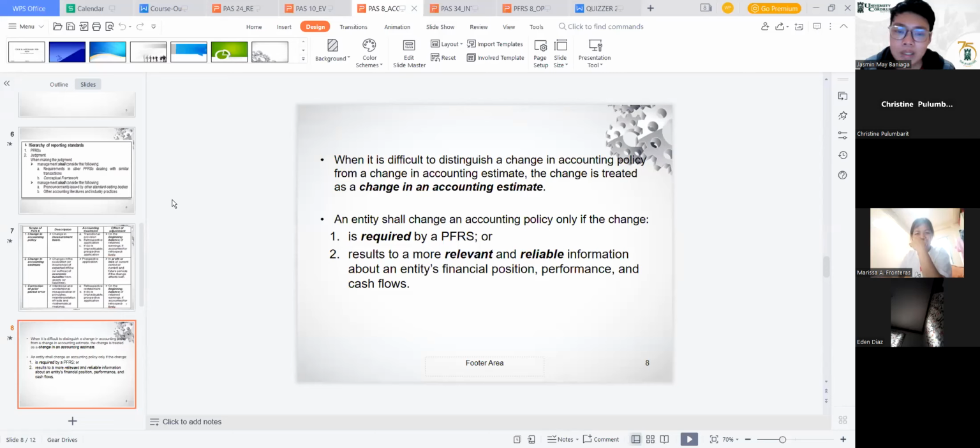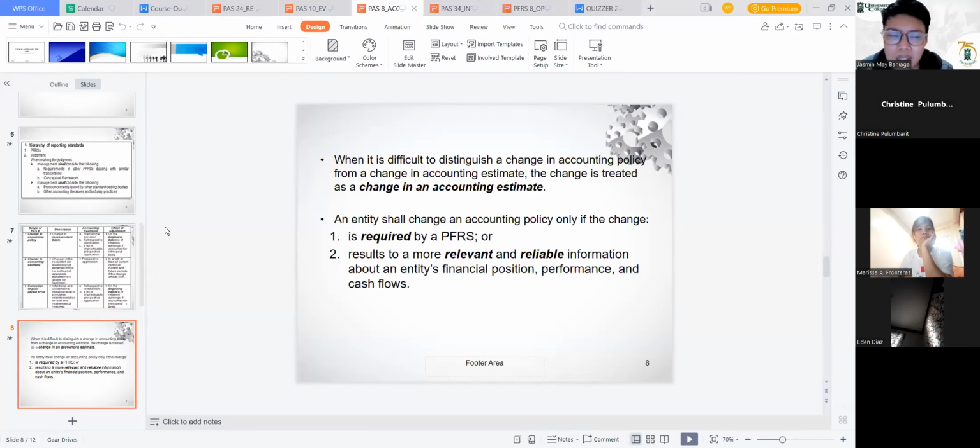Okay? Another note, an entity shall change the accounting policy only if the change is, number one, required by the PFRS. Mostly, lahat ng PAS na na-encounter natin does not really have a lot of changes over the past periods of the boards or the previous years. More of the investments maybe and some few with leases and derivatives, mga ganun. So investment related side.